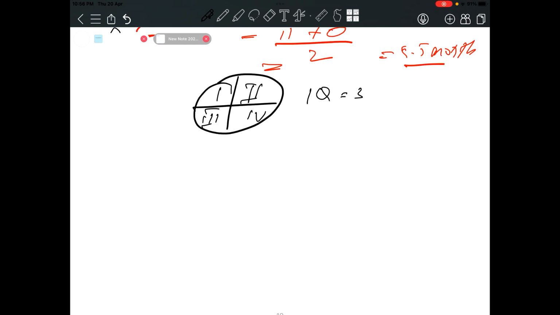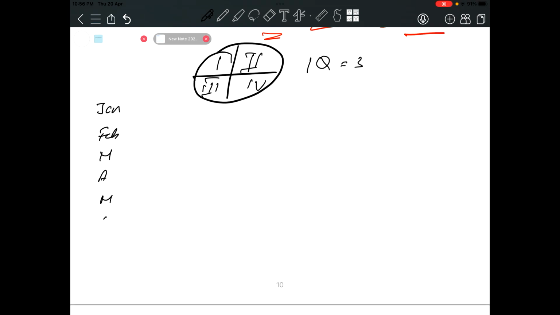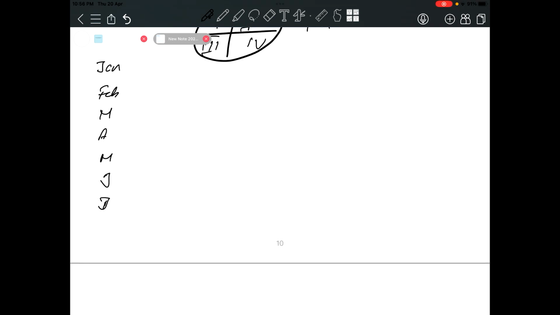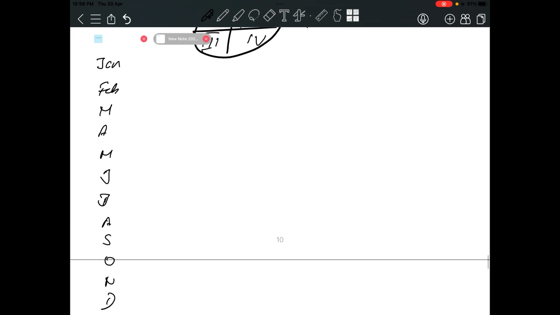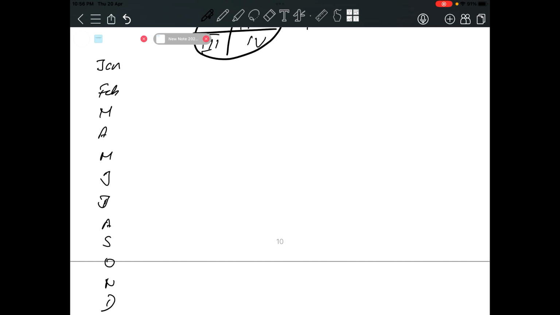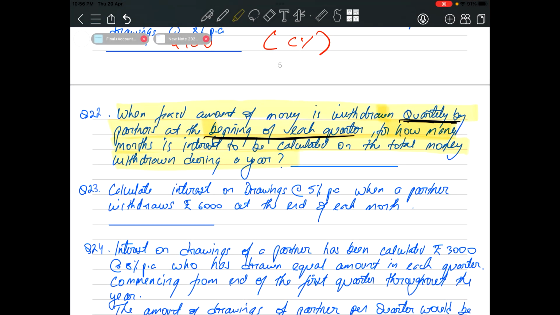Very basic. So let's draw a timeline again. Jan, Feb, March, April, May, June, July, August, September, October, November and December. Okay, so what is happening? A fixed amount has been withdrawn at the beginning of each quarter. When is the first withdrawal done?